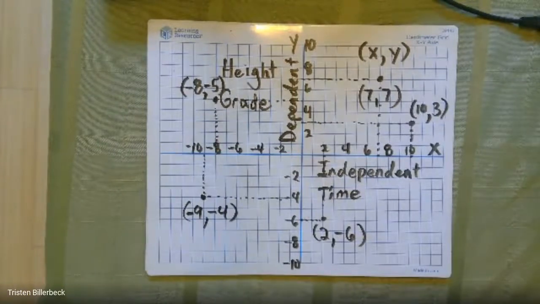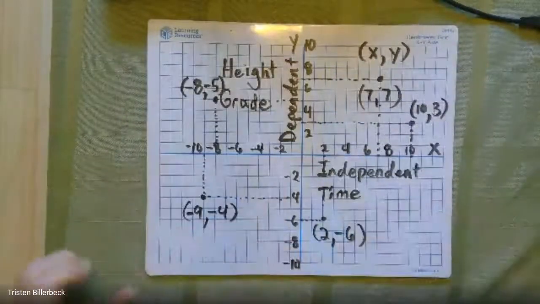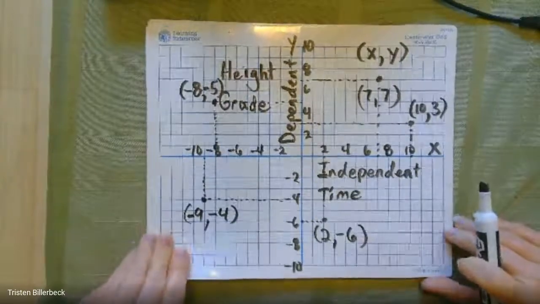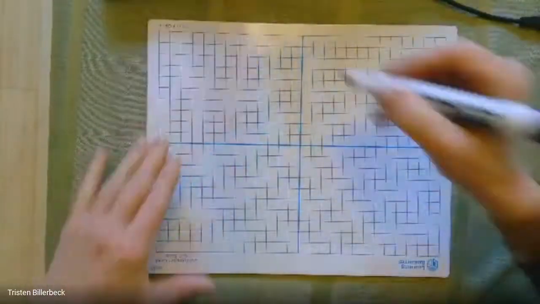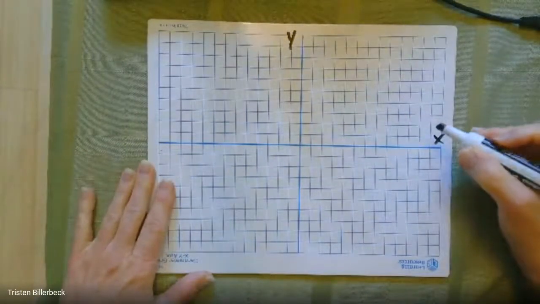If you notice, there are 4 different parts of this Cartesian coordinate system. Let's look at what those parts are. Some of you already know them, but we have our y and our x-axis.